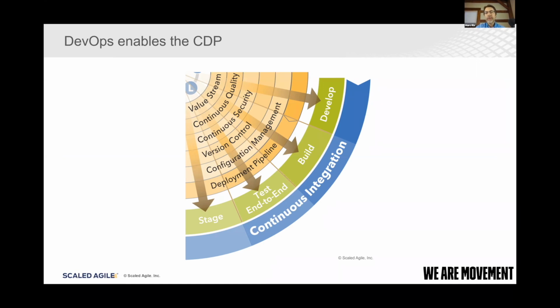So imagine we're at a step in the delivery pipeline. Let's say that we're here in the develop part of the continuous delivery pipeline. And we want to make sure that we are developing in a way that contributes to continuous delivery. We want to be helping the system, not hurting the system, right?